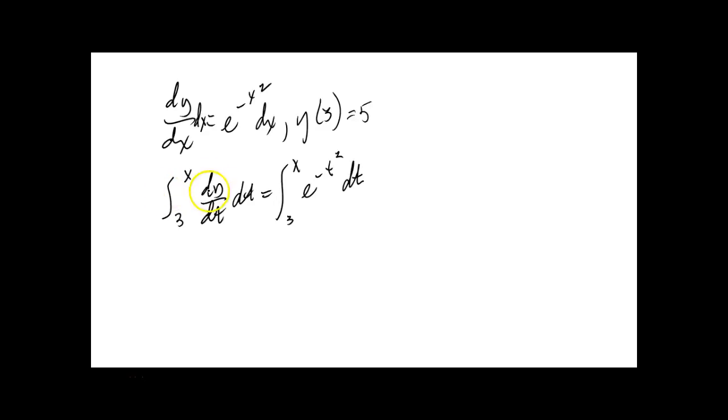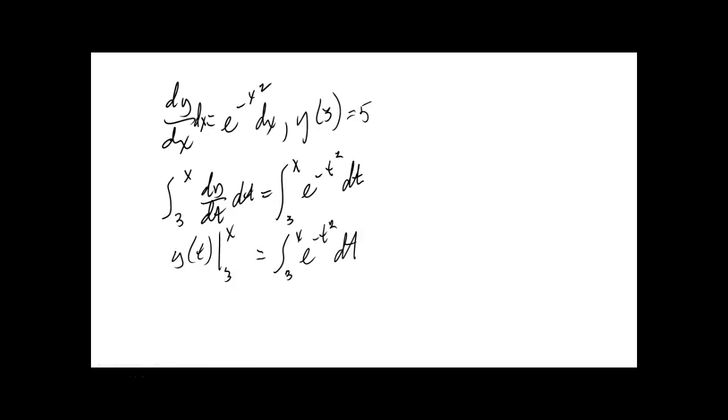Here's an integral of a derivative, okay? So that gives you y of t evaluated from t equal 3 to x. Over here, not a thing we can do, leave it as an integral. 3 to x e to the minus t squared dt. Okay.